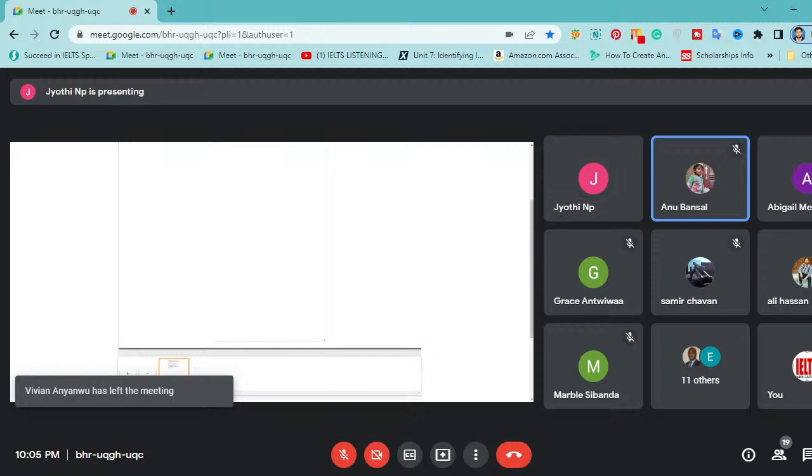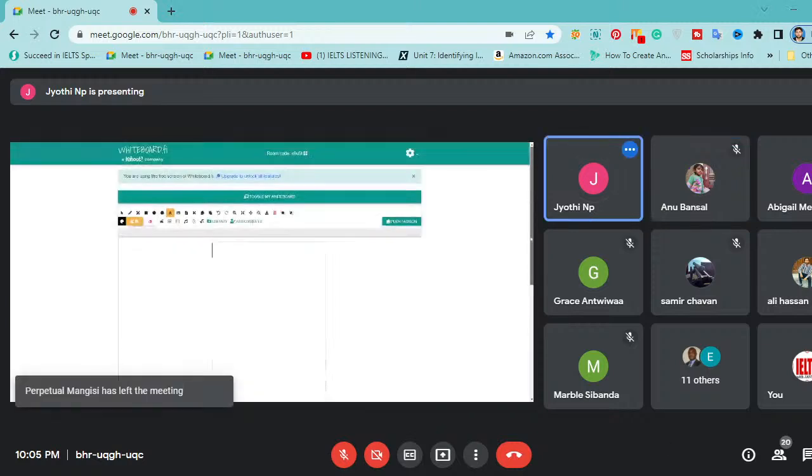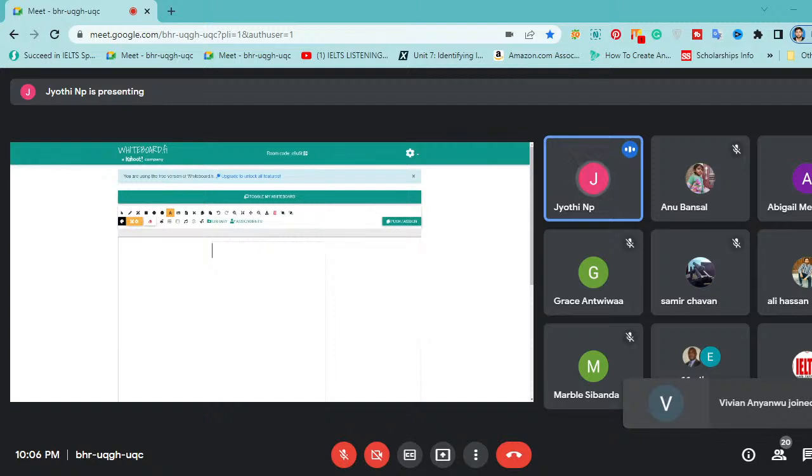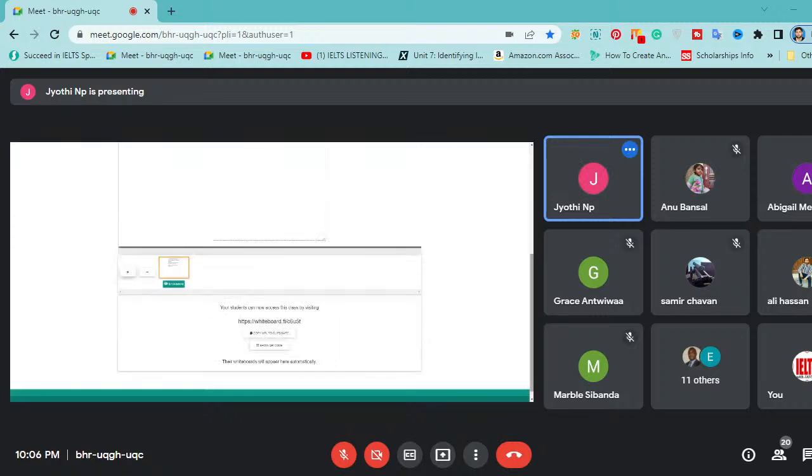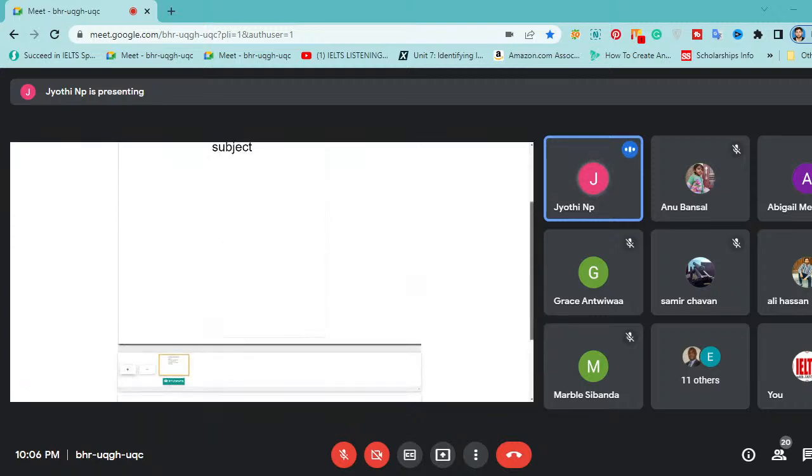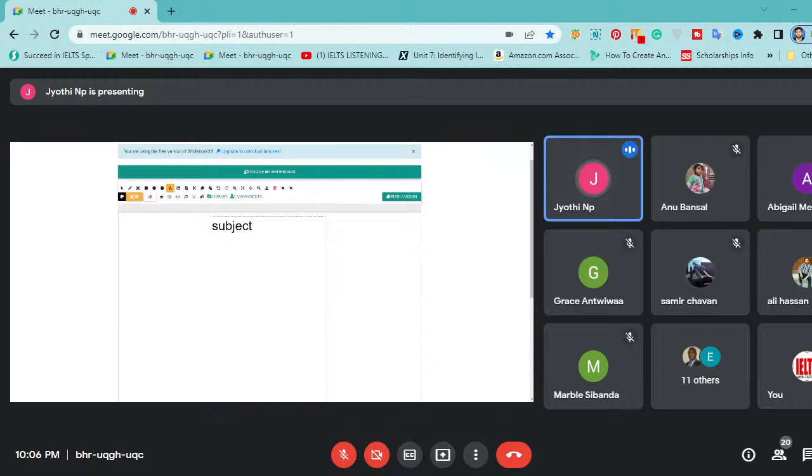So now here, depending on the person, we can divide the thing into subject and object. One second. Let me just prepare a table in Word and I'll paste the same here.